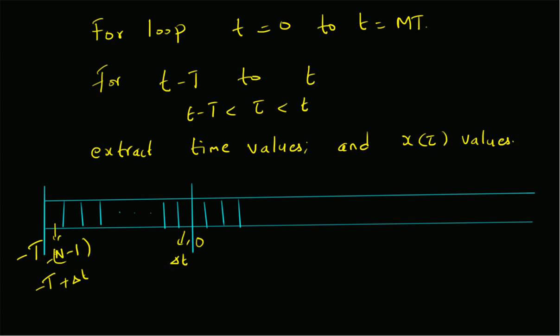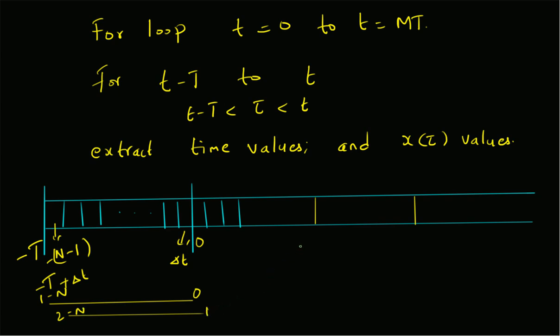For the first iteration in the for loop, we have values from minus of n minus 1 to 0, and for the second iteration we have values from 2 minus n to 1. So initially it will be 1 minus n to 0, then in the next iteration it will be 2 minus n to 1, and then 3 minus n to 2, and so on.